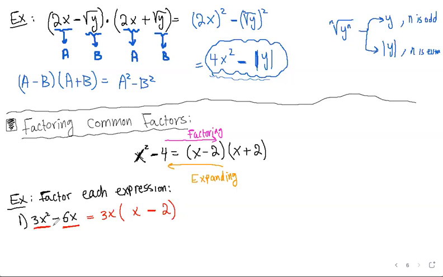So the factoring for this one is 3x times x minus 2. This is the first example. That's it. So we're looking for the greatest common factor. Okay. Now let's go to the second example.